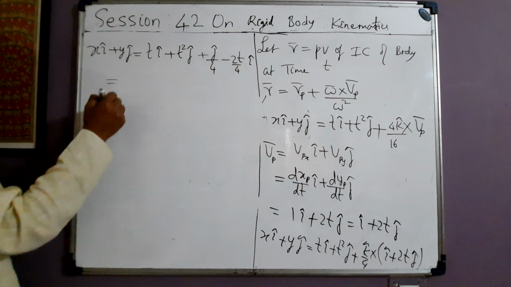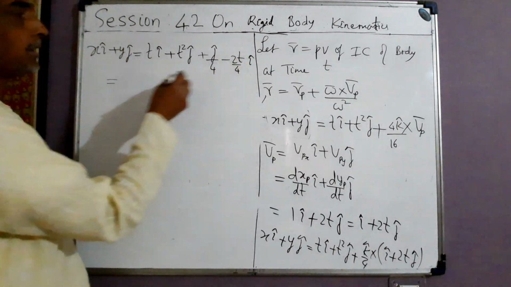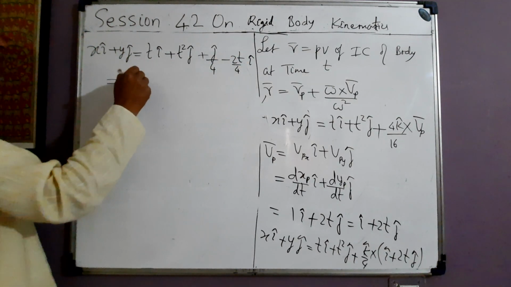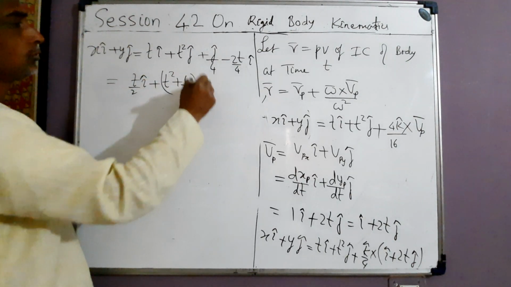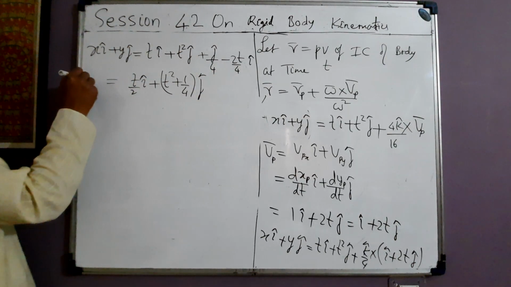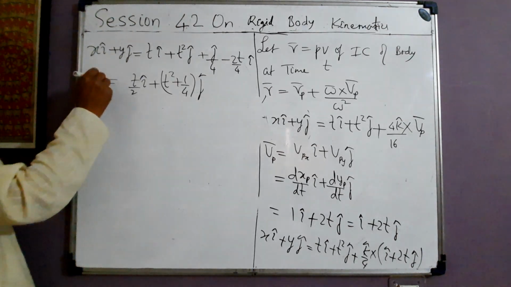That is equal to t i hat minus t by 2 i hat. That is same as t by 2 i hat, plus t square plus 1 by 4 into j hat. This is the x i hat plus y j hat.